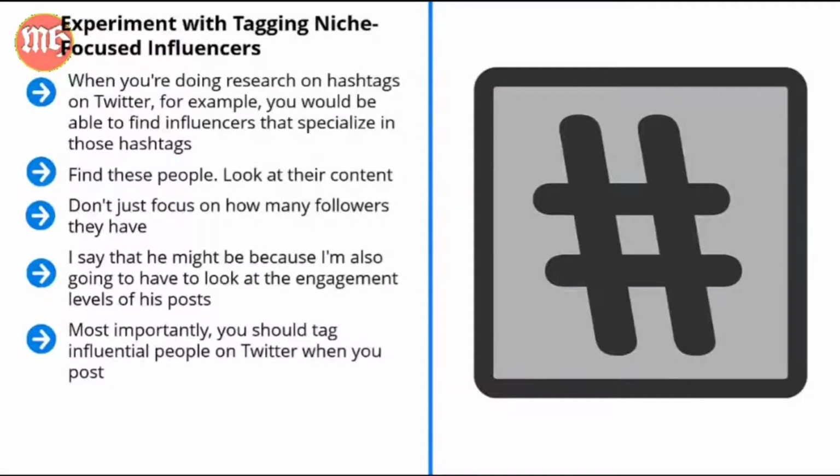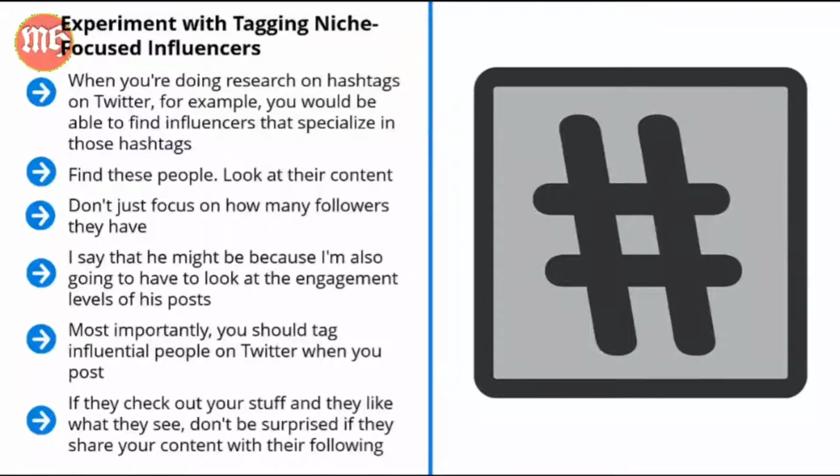If his content has these factors, then his account is probably worth following. Most importantly, you should tag influential people on Twitter when you post. You use your most powerful hashtags and you mention them in your post. This can help you get on their radar. These people would be put on notice that you are also sharing content that is similar to the stuff that they are interested in. If they check out your stuff and they like what they see, don't be surprised if they share your content with their following. Engage with them.